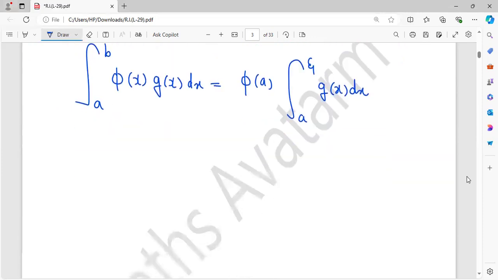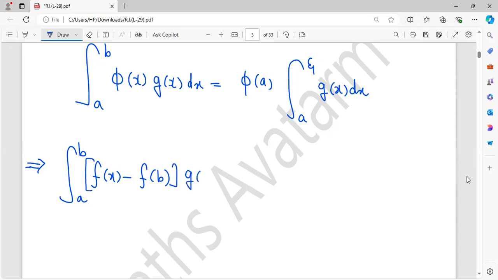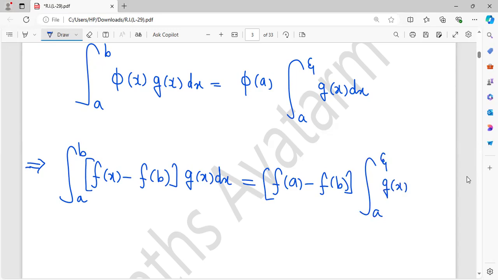Now you put the value of φ(x) here. So what is the value of φ(x)? That is f(x) − f(b), and φ(a) is f(a) − f(b). Now open this.